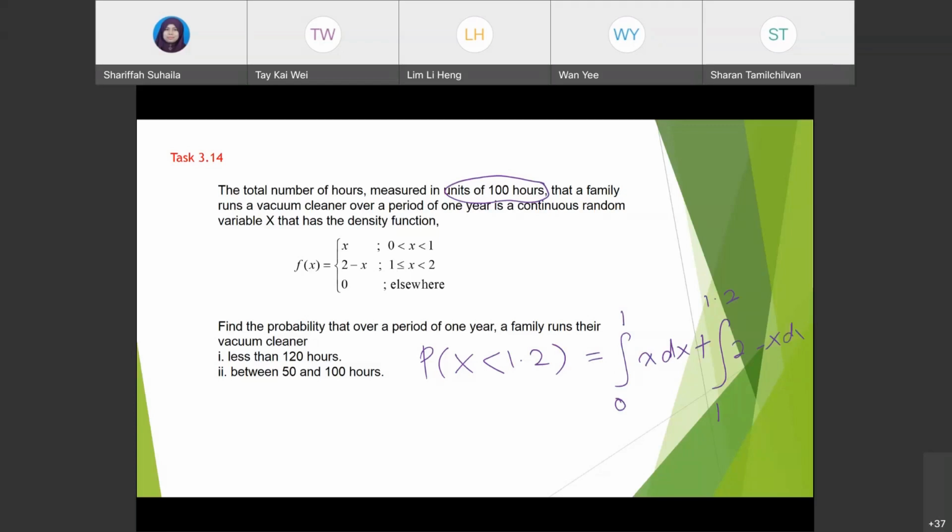So 0 up to 1, X dx, plus 1 up to 1.2, 2 minus X dx, because we have two ranges. You want to find X less than 1.2, so 0 up to 1, and 1 up to 1.2.